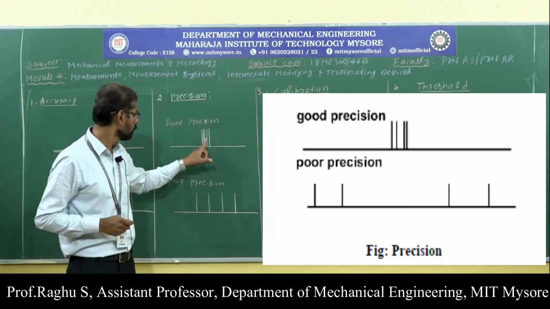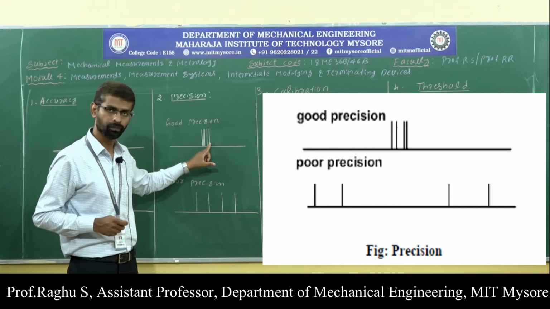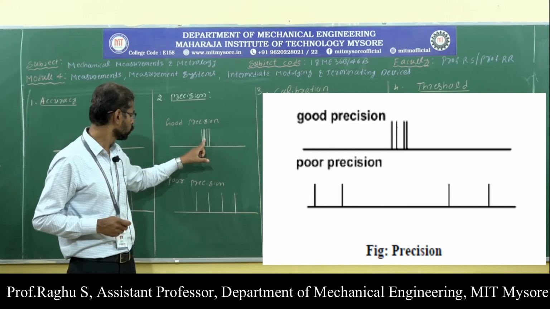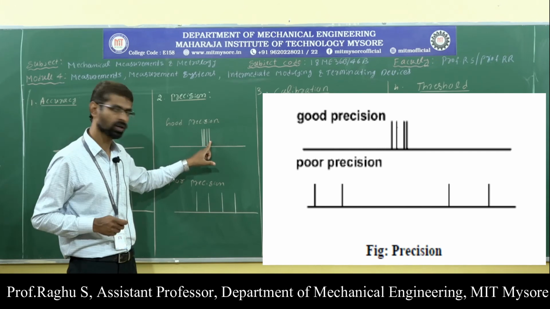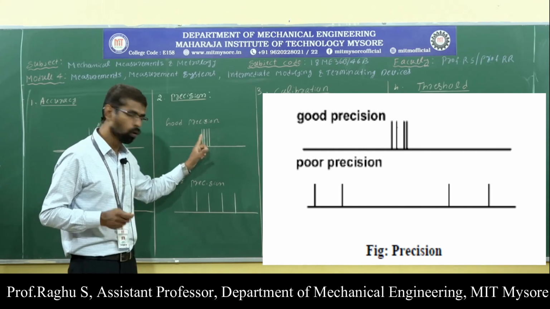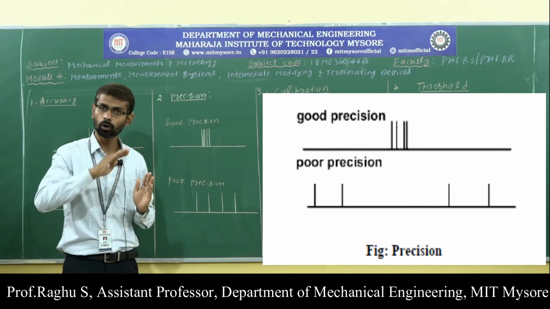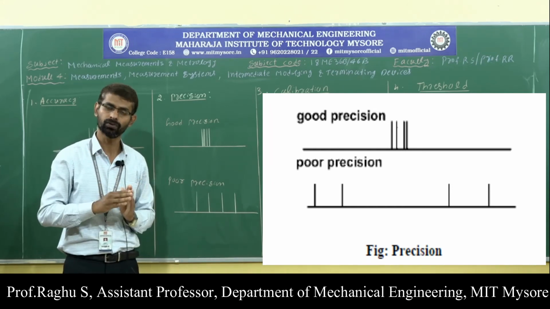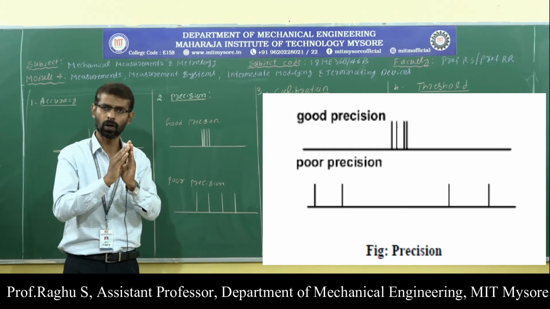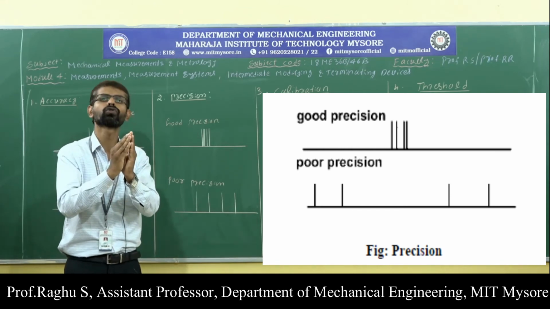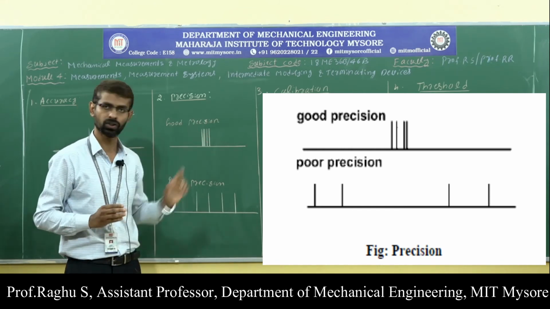Here we have five measured values: measured value 1, 2, 3, 4 and 5. Observe that all five measured values are closer to each other. I am not talking about the true value, only the measured values. If the measured values are closer to each other, it is good precision.